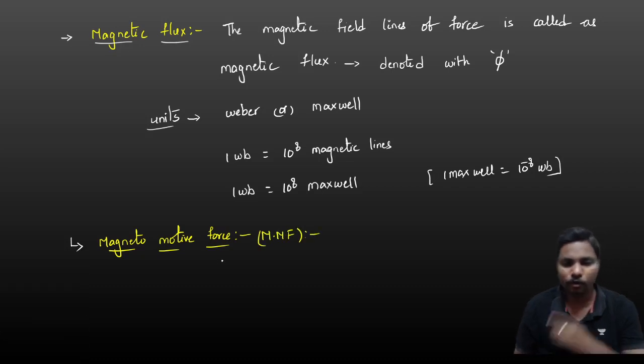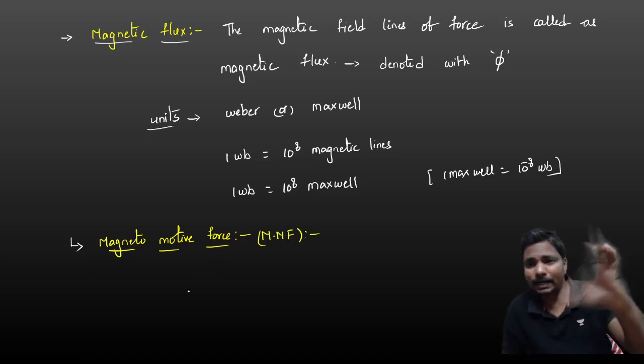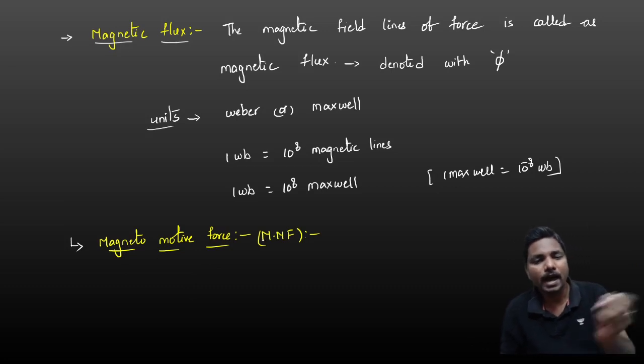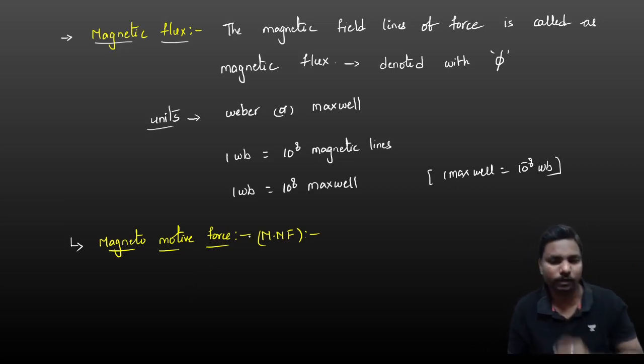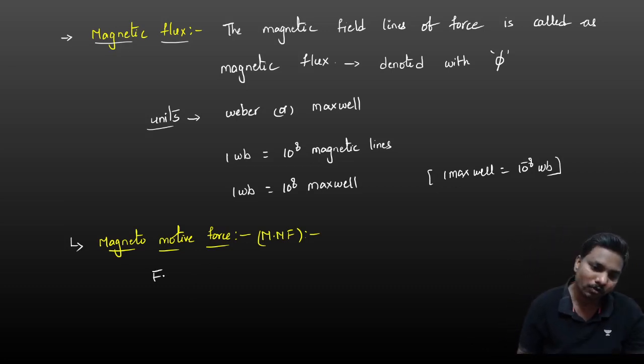What is this magnetomotive force? It is the same as voltage. If you give voltage, current flows. So if we have MMF, then flux flows. It is the force required to move the magnetic flux.